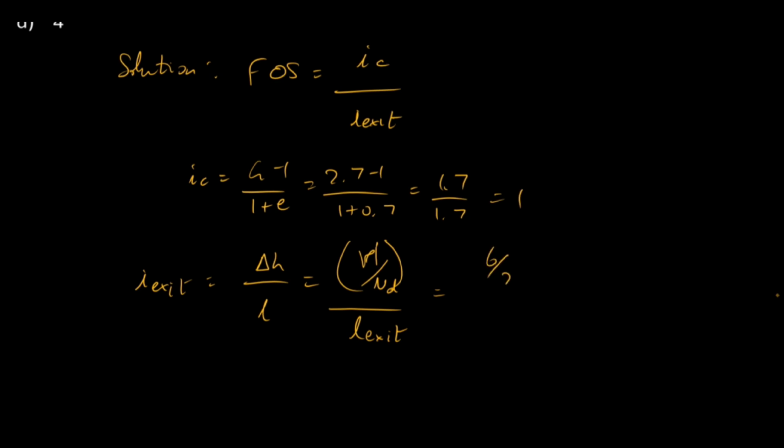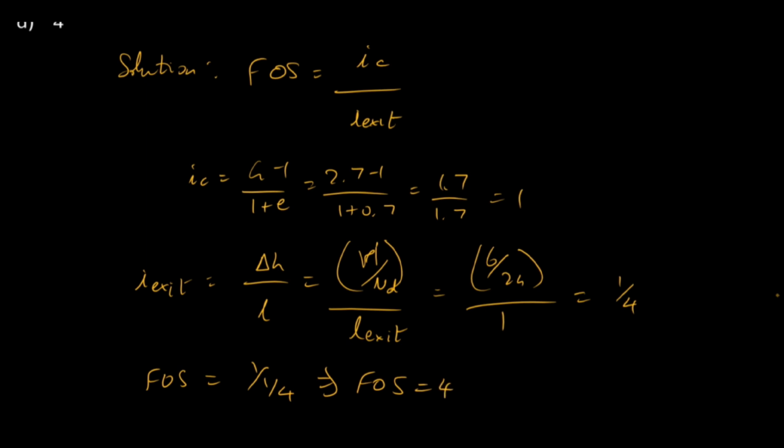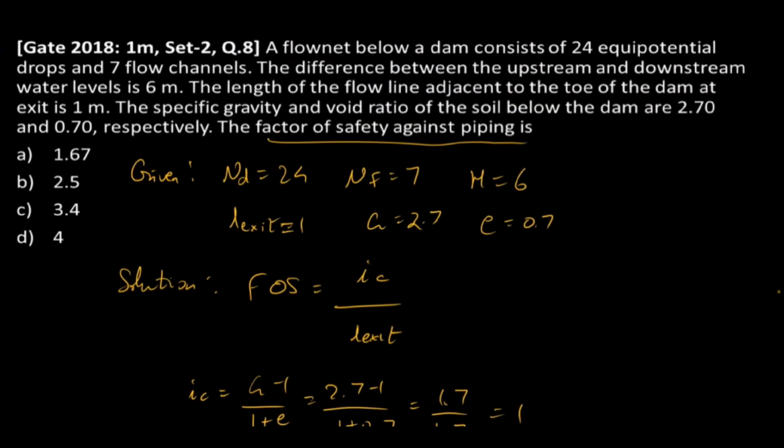Head loss is equal to 6 meter divided by 24, divided by 1, which will be equal to 1 by 4. So if you substitute these two in the factor of safety equation, FOS will be equal to critical gradient 1 divided by 1 by 4, whereas factor of safety equal to 4. And option D is the right answer.